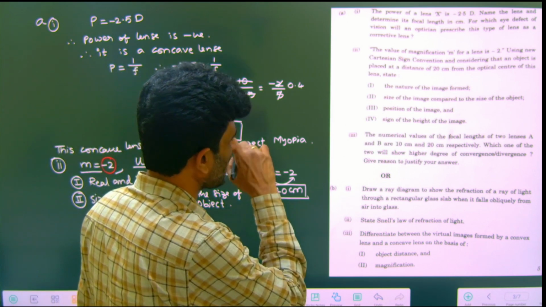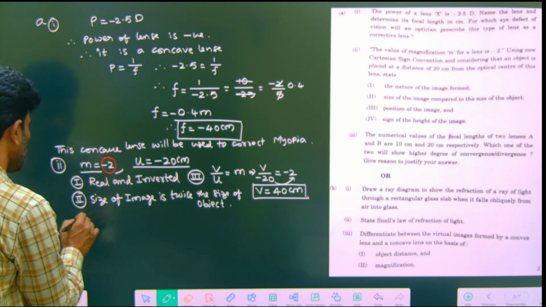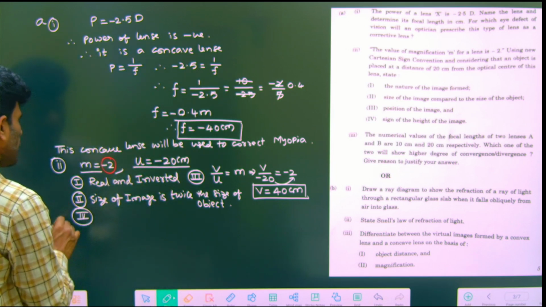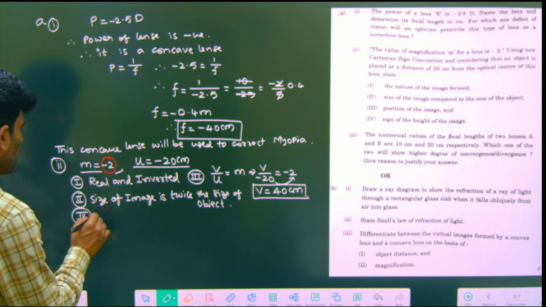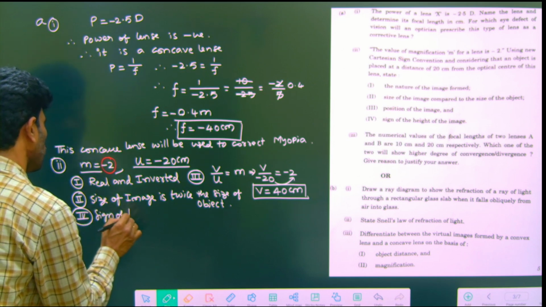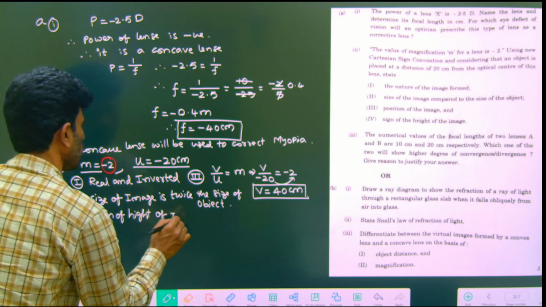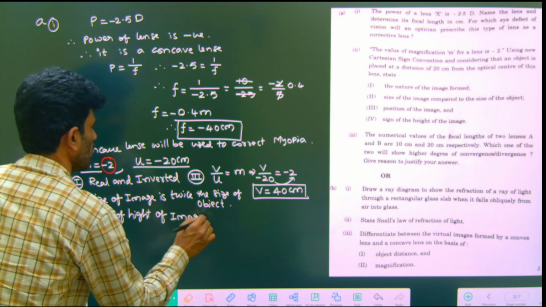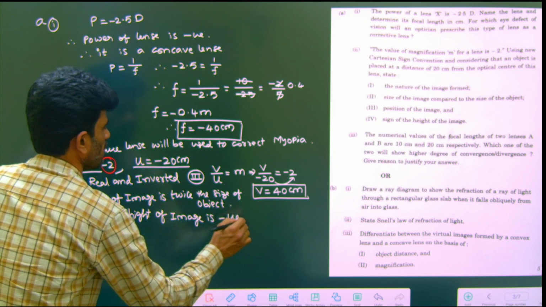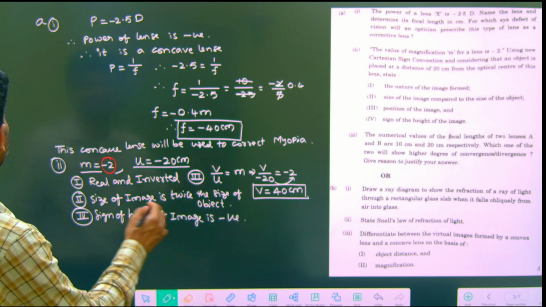The next question, the sign of the height of the image. Because it is a real and inverted image, the sign of the height of the image is negative. This is the first question's answer for 5 marks.